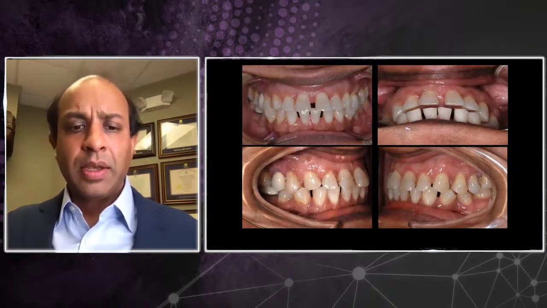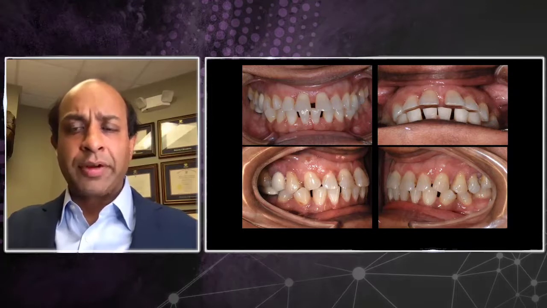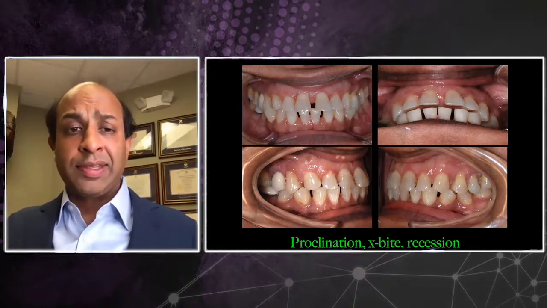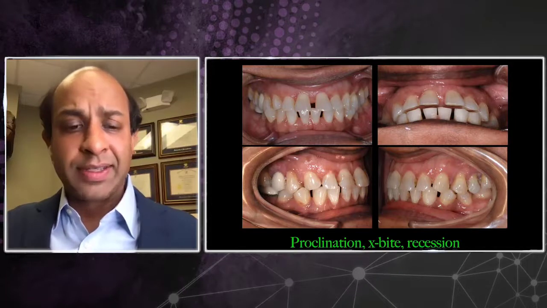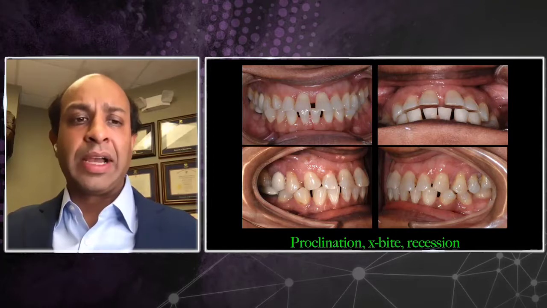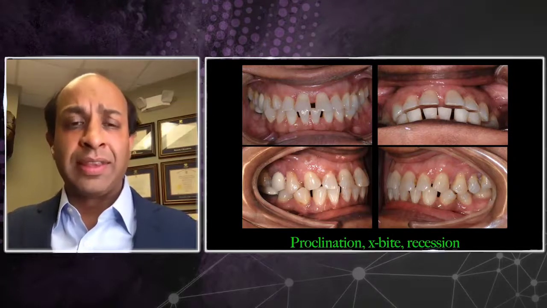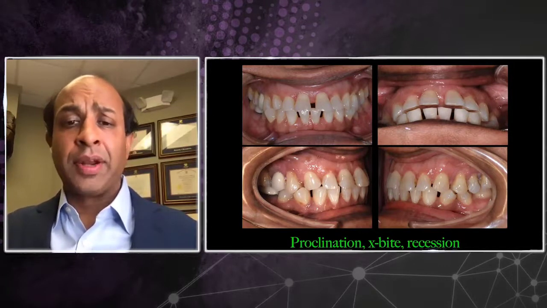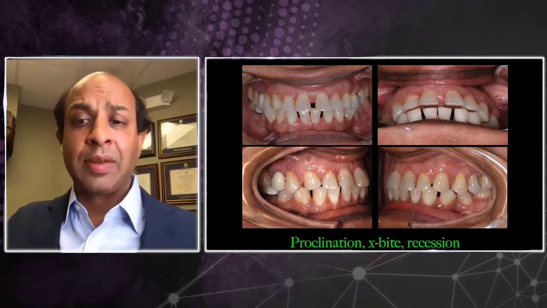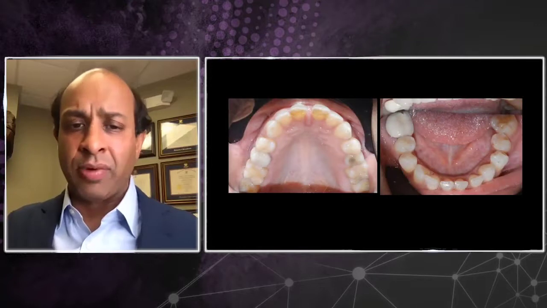So if we take a look at Anu's case, what we can see in the intraoral photographs is the anterior proclination. We can also see that there is a crossbite in localized areas, as well as recession. The restorative dentist had shared with us that generally her periodontal history was sound, and she found that she didn't have periodontal pathogens play a role in the attachment loss, and wanted us to further investigate that for Anu.